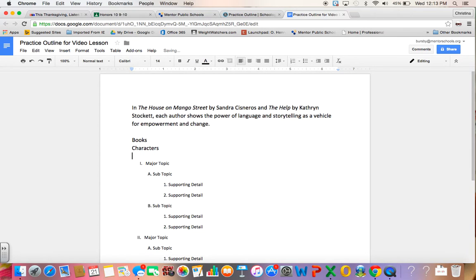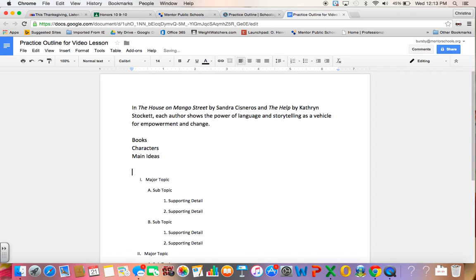So you can go through and talk about one character in a major section, another character in another section, and then maybe a third character in the third section. Okay, and then another way that you can do this is by organizing it by main ideas. Okay, so these are the 3 ways for this particular paper, and this isn't going to always be the case for every single paper that you ever write, but for this particular paper, these are basically the 3 main ways that you can organize this paper.